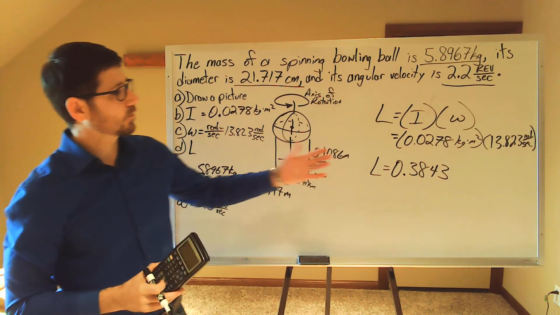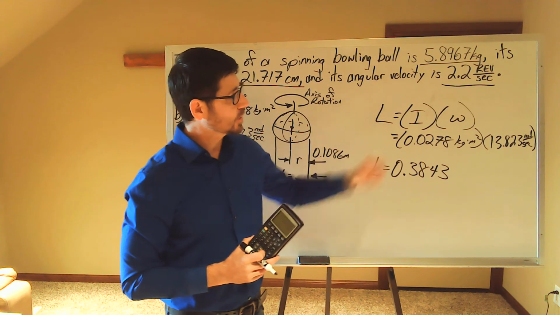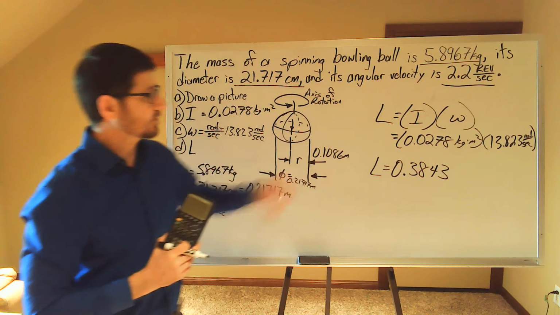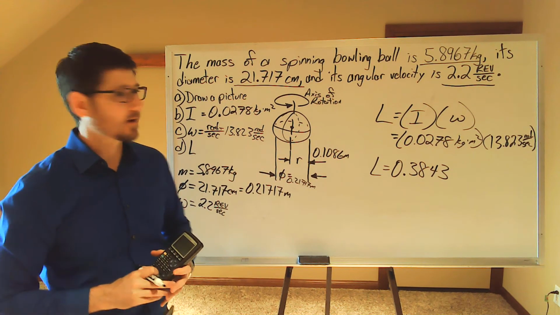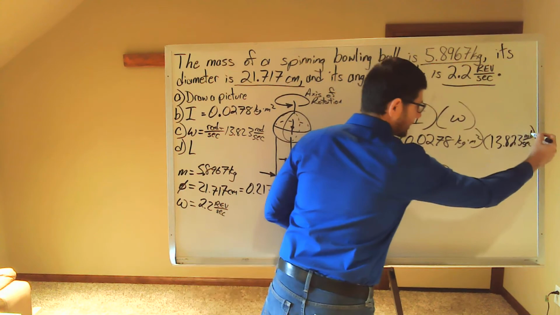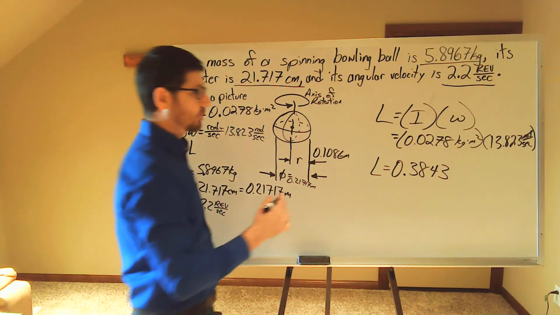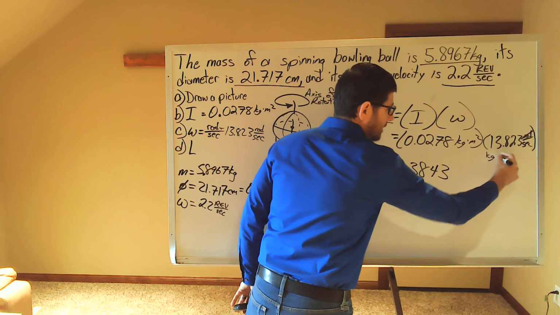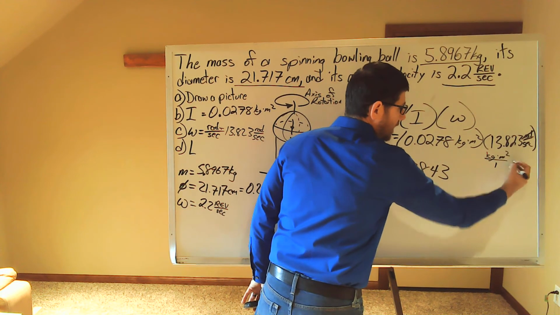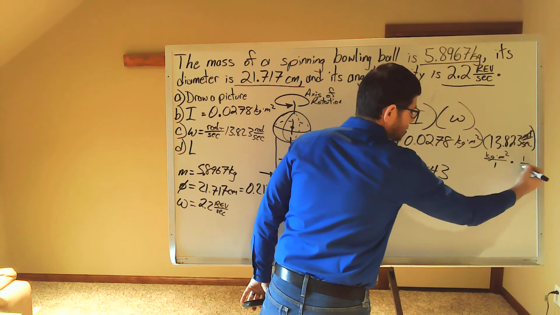I have kilogram meters squared times radians per second. Now remember that we're not going to transfer our angle measure here, our angular displacement. So I'm left with kilograms meters squared over 1 times 1 over seconds.